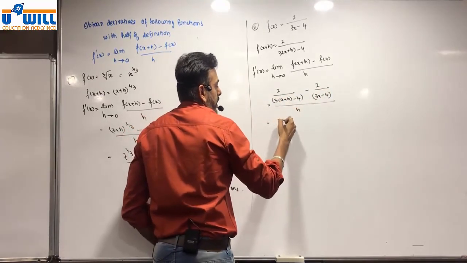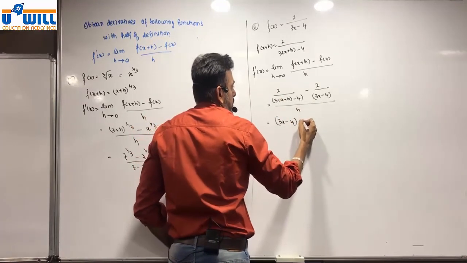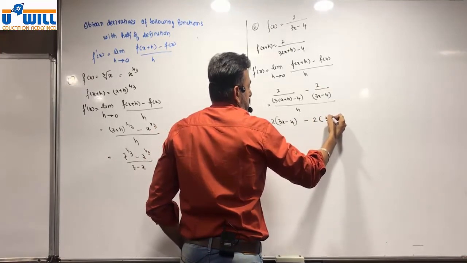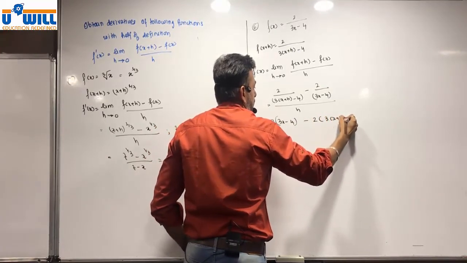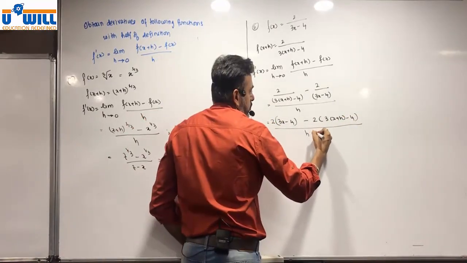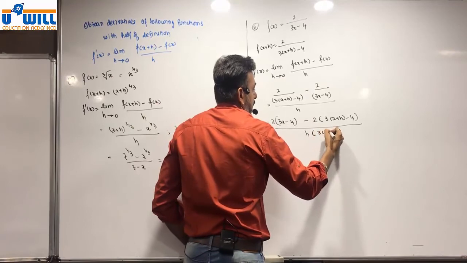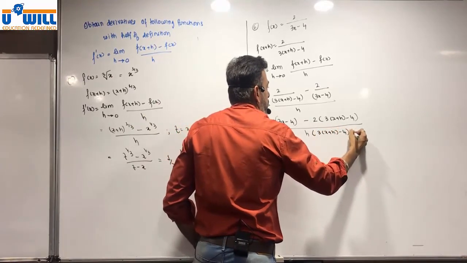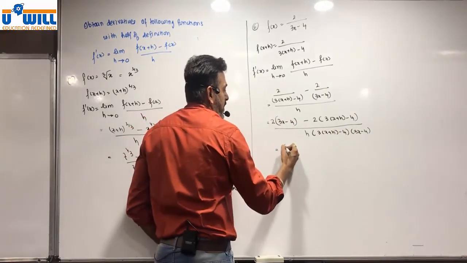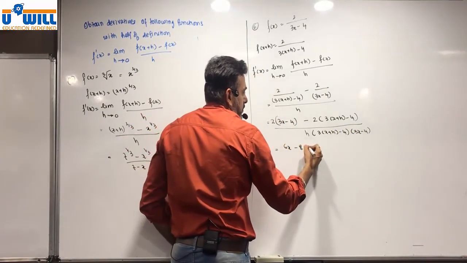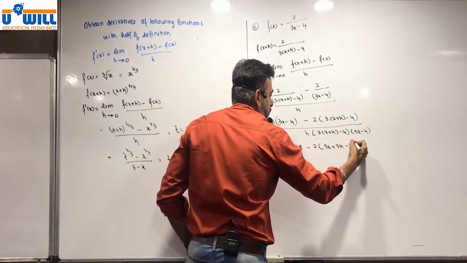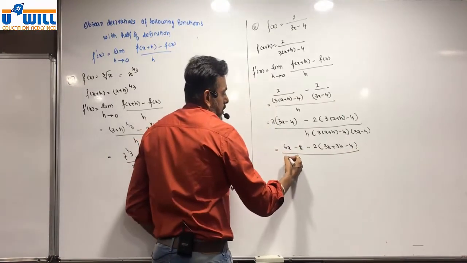Cross multiply: 3x minus 4 into 2 minus 2 into 3 in the bracket x plus h minus 4, whole upon h into 3 into (x plus h) minus 4 into 3x minus 4, which is equal to 6x minus 8 minus 2 into (3x plus 3h minus 4), whole upon again h.